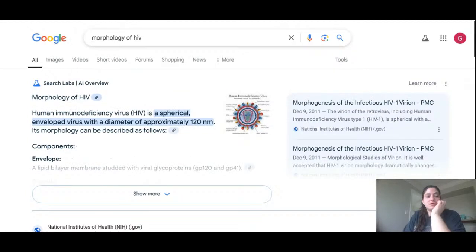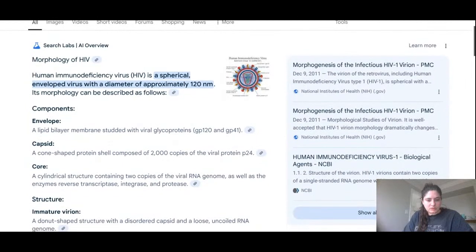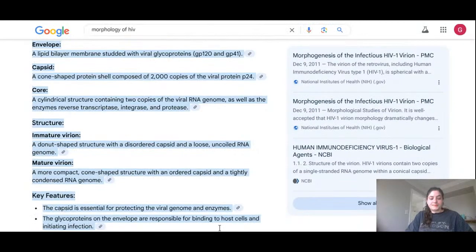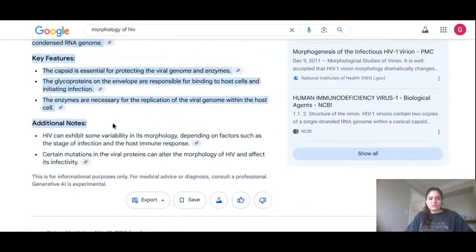Morphology of HIV. Okay, so the capsid is composed of... I'm still trying to learn how to be organized when I write things.